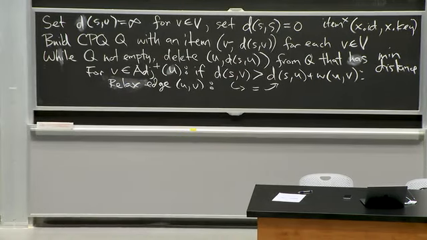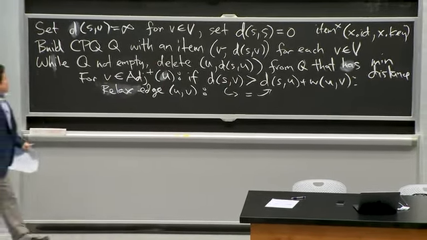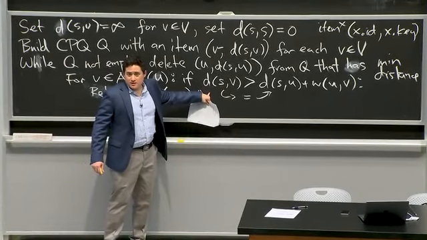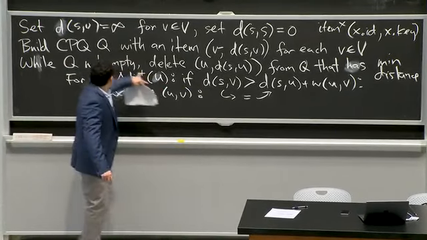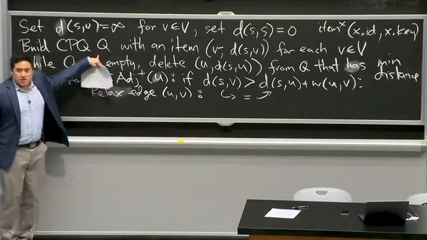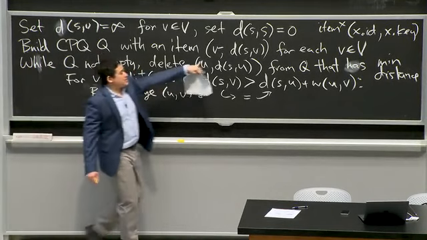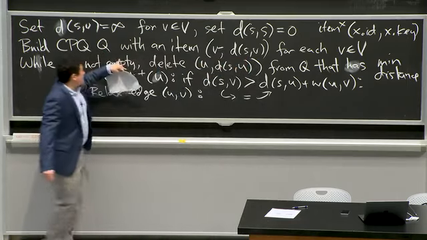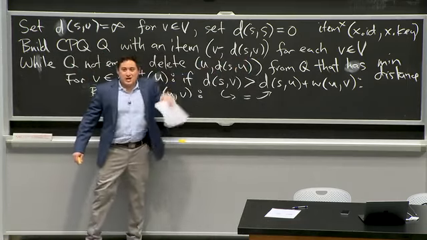And then we have one other thing to do. We've changed these distance estimates, but our queue doesn't know that we changed these things. We added these items in here, but it doesn't know that my distances have changed.